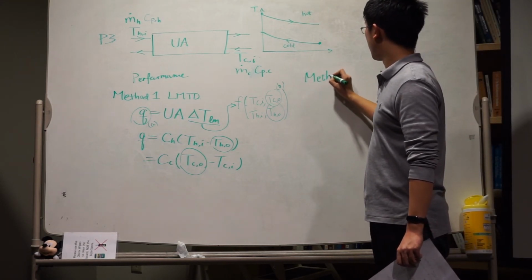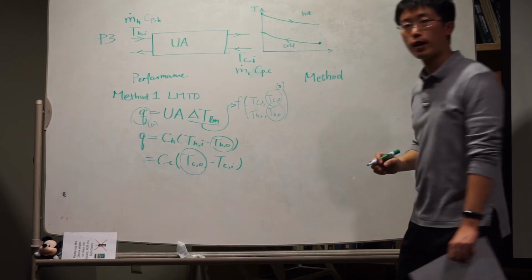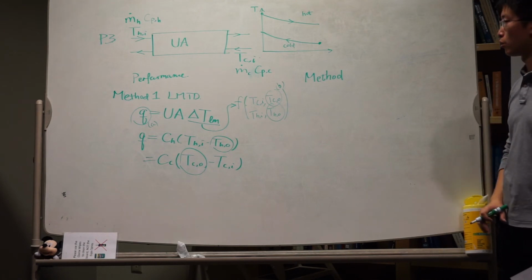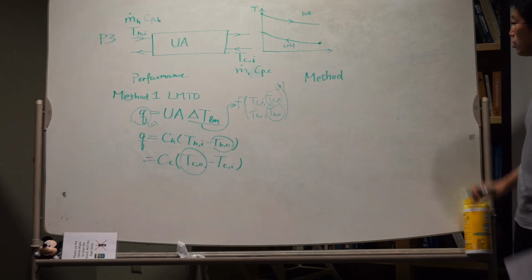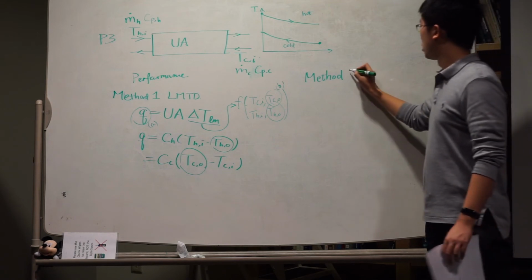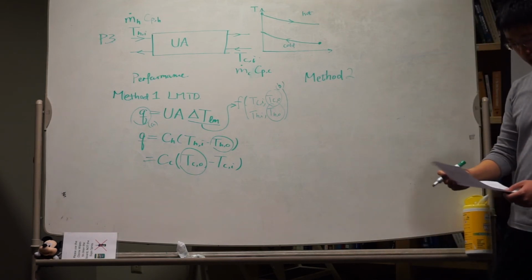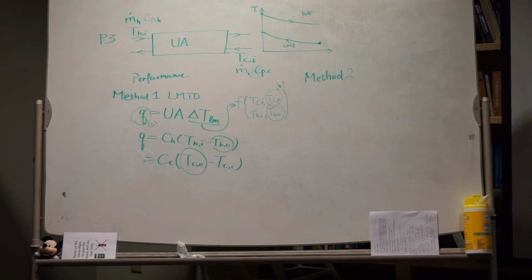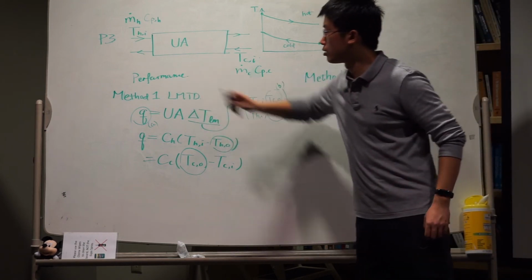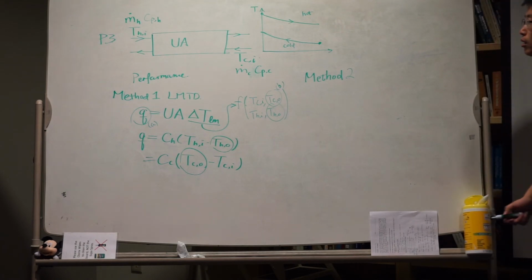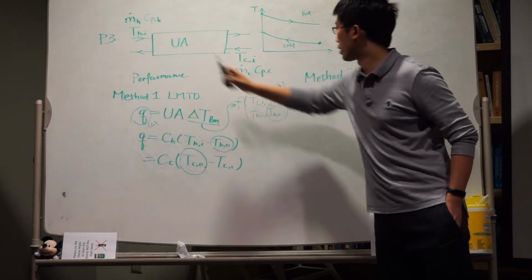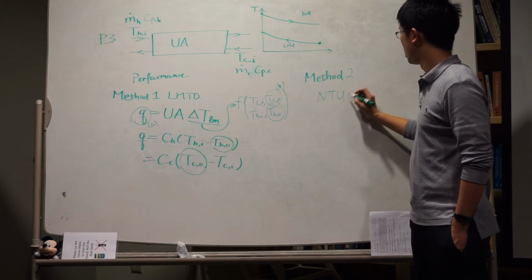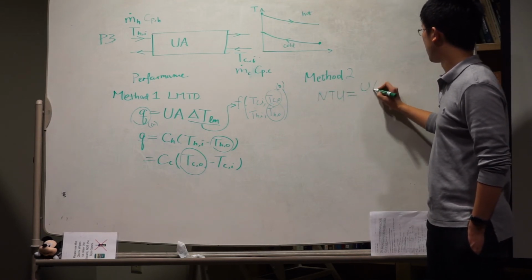We also have the second method, which is the effectiveness-NTU method, which is more generalized. It can deal with shell-and-tube heat exchangers and cross-flow heat exchangers. And that is the method our solution used. So what can we do there? Again, this is a performance problem, so we start with the design, and we can first get NTU. By definition, this is the UA.